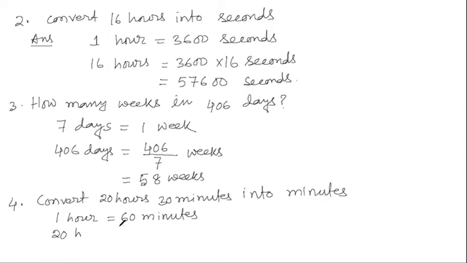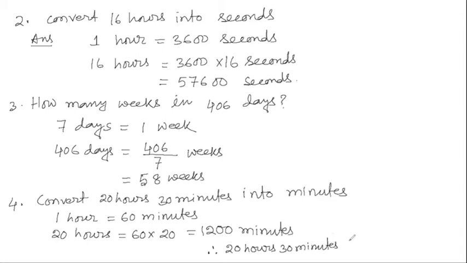So 20 hours is equal to 60 into 20, that is 1200 minutes. Then for total time in minutes, you have to add 30 minutes. So therefore 20 hours 30 minutes is equal to 1200 plus 30, which is equal to 1230 minutes.